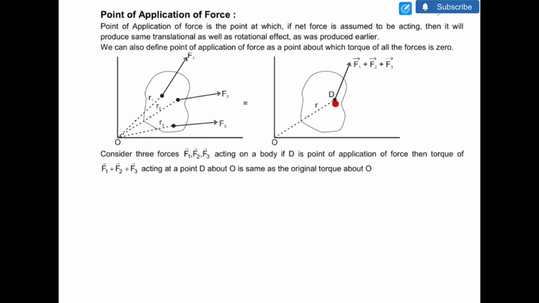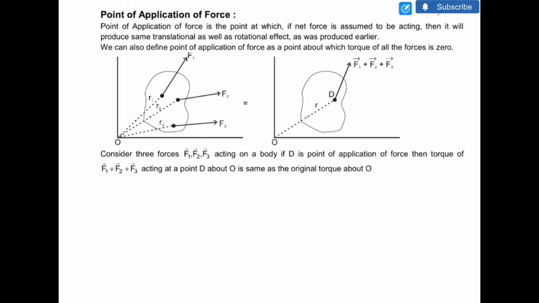Let us consider this point D, and concentrate the resultant force on this point D, acting in the same direction, which is the resultant of these three. If the torque of this system created by F1 plus F2 plus F3 is the same as the torque created by all three forces acting at different points, about any point of the system, let's suppose at O, then this system will have the same rotational effect as earlier, and the same translational effect as earlier.